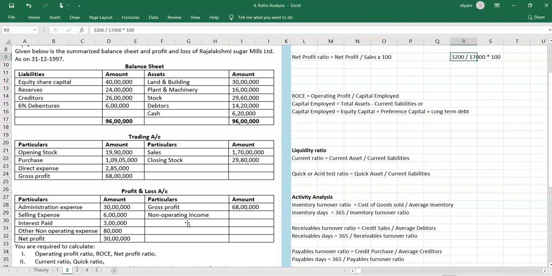Okay, I think there's some mistake in the profit and loss account, because it shows 68 lakhs and finally it shows 30 lakhs here.